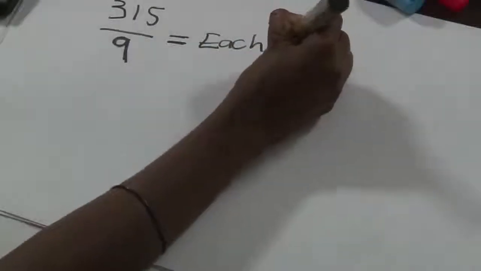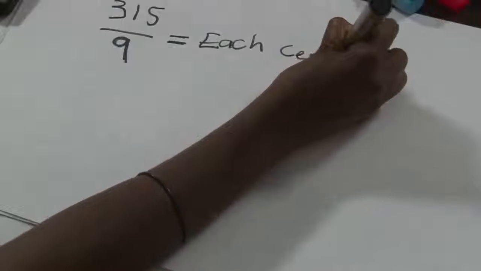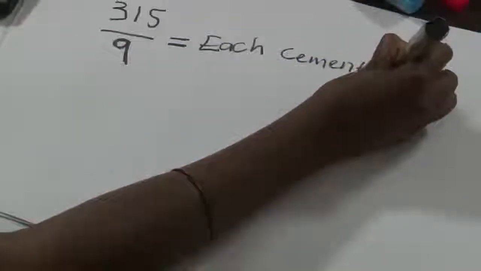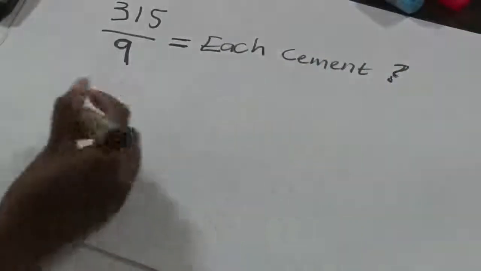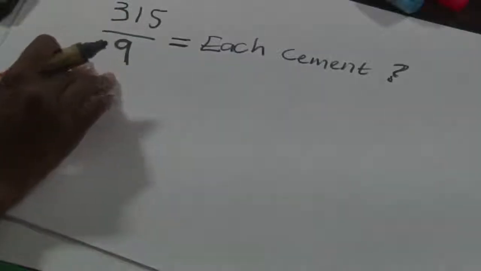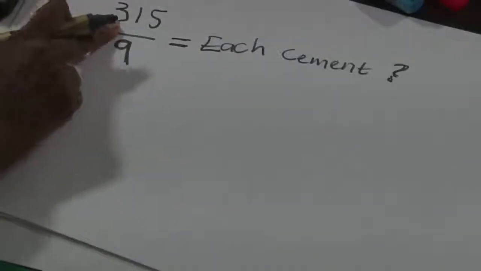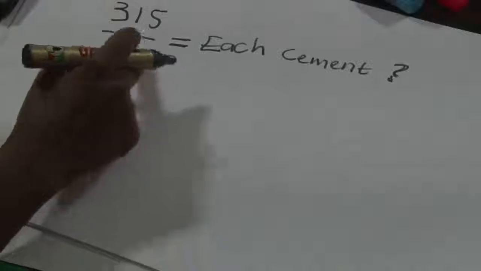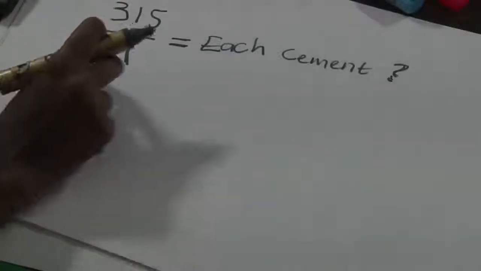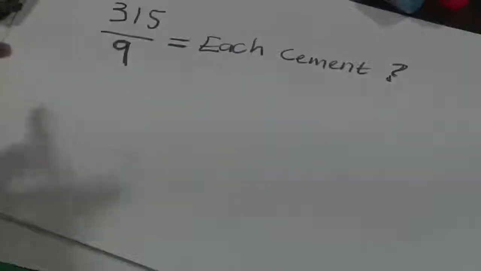Then you get how much each cement costs. So you get it if you divide the total sum of money by the number of items, which is the cement in this case.